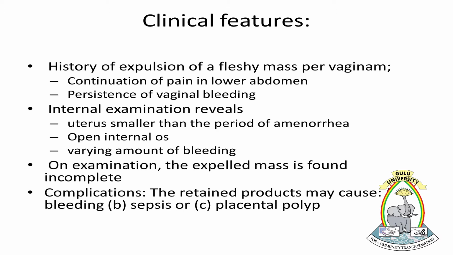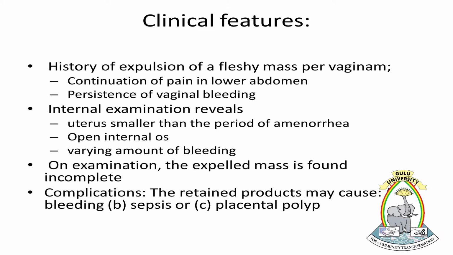If you do an examination, it reveals that the uterus is smaller than the period of amenorrhea. If the woman is probably about 14, 15 weeks of amenorrhea, and when you do a vaginal examination, you find that it has actually reduced, it's less than that.